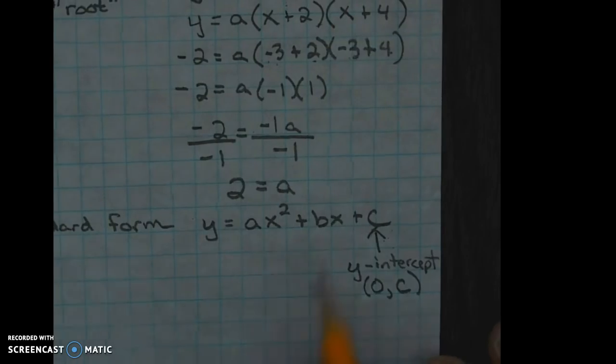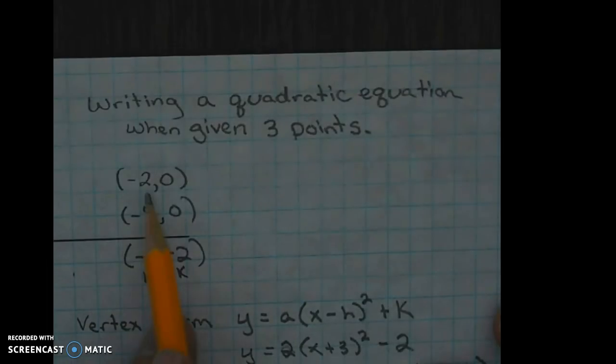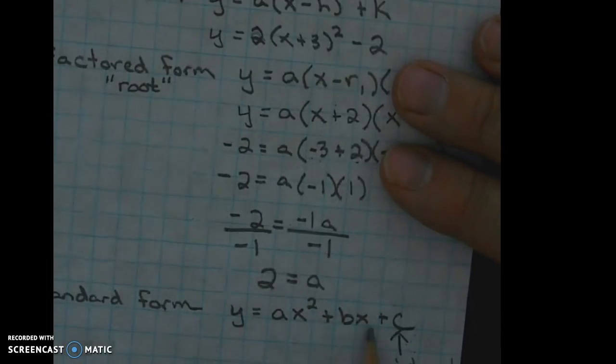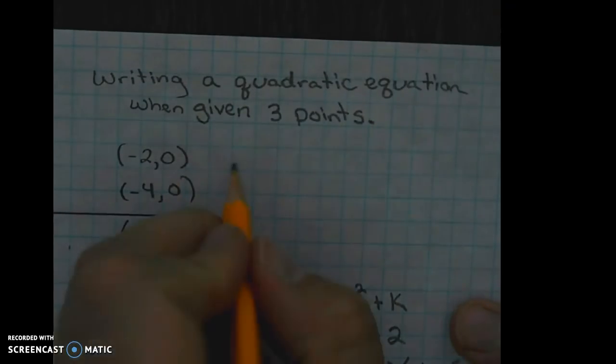Okay, so how do we get it into standard form? Well, if we're given 3 points, we're going to put these points into the equation. So 0 would go in for y.